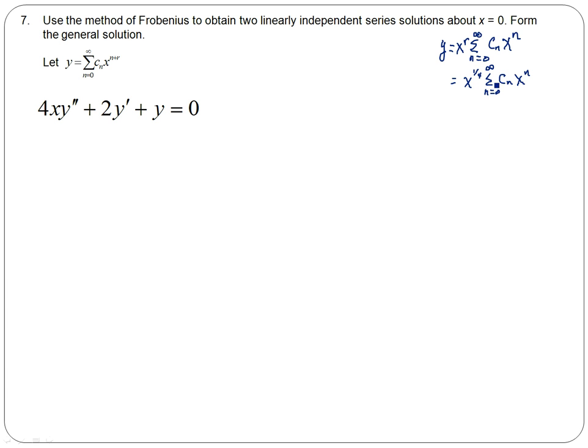And so if you do have something like 1/4, then your solutions are going to look like c0 times x to the 1/4 plus c1 x to the 5/4 plus c2 x to the 9/4 and so forth.